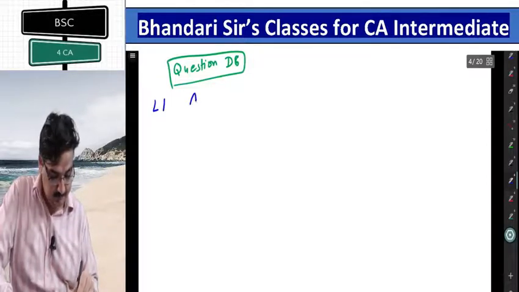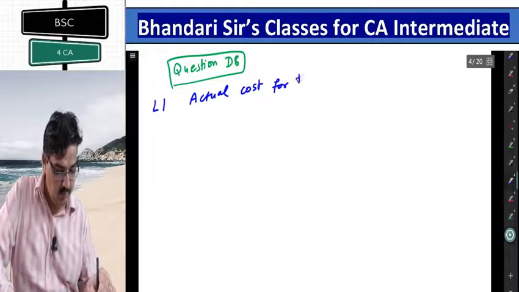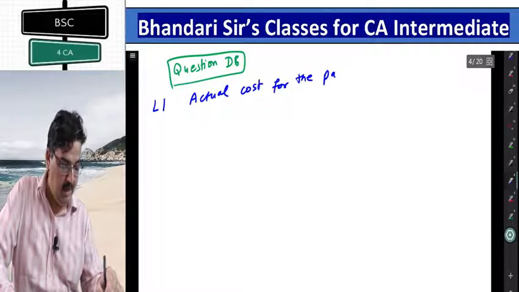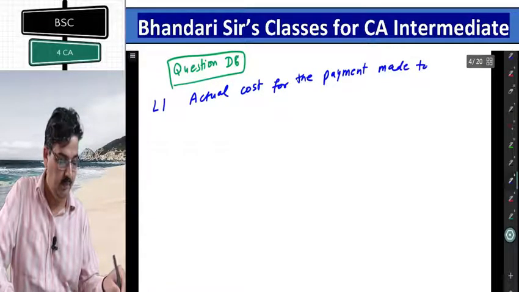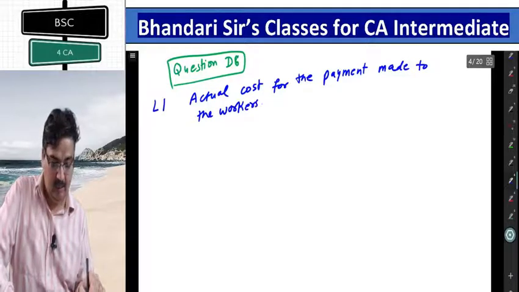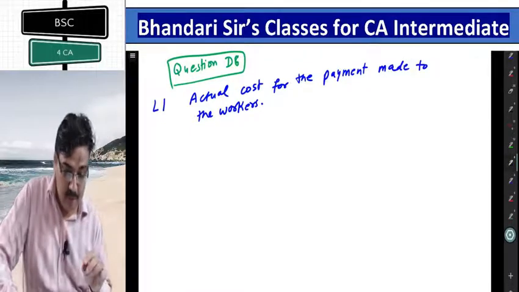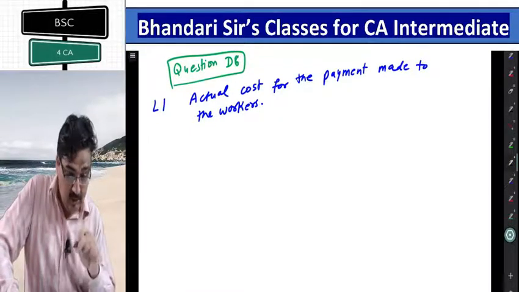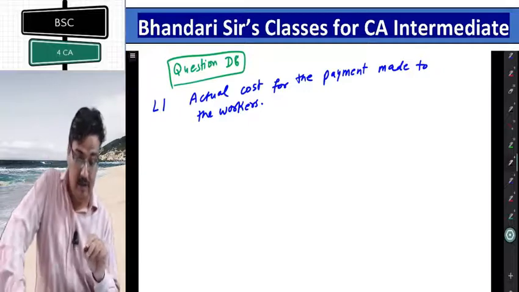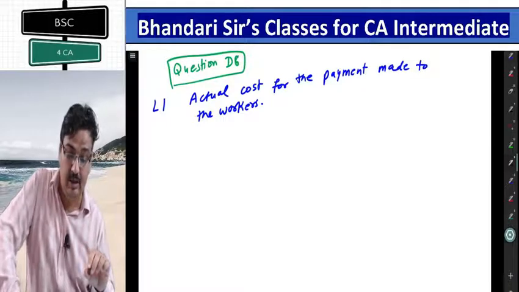L1, actual cost for the payment made to the workers. You can write exactly what I have told you earlier, but this alternative language is also correct at the exam level. You have the actual number of workers employed: 50 workers in a week of 40 hours, and the actual wage rate is 50 per hour.